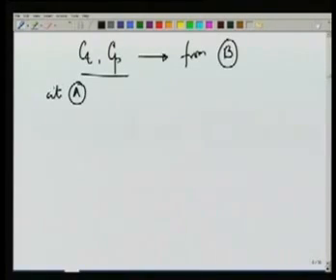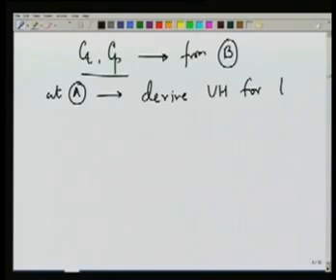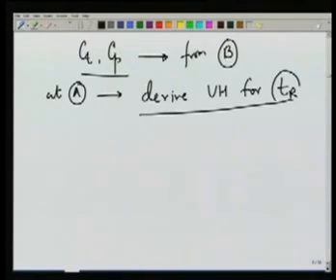So at A we want to derive a UH for duration TR, capital R. So now we have to see how to go about deriving the unit hydrograph at A for a duration TR. If this TR is equal to the standard duration TR, then we don't have to do anything.